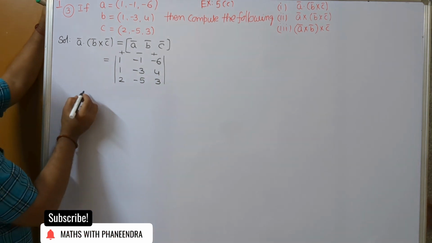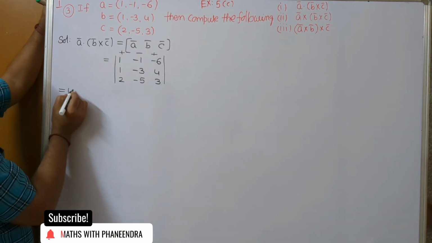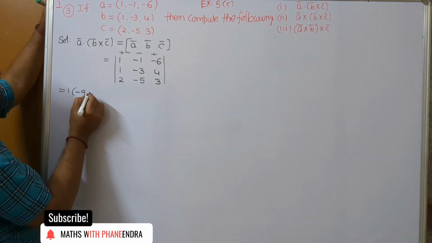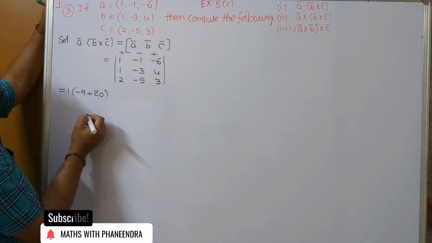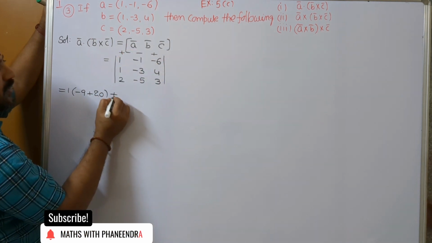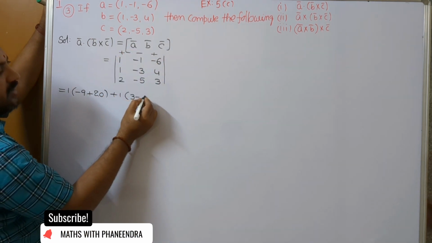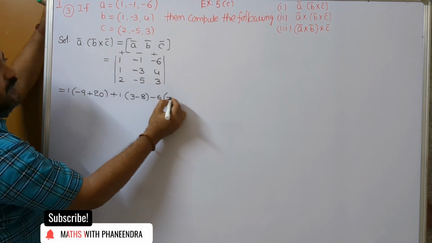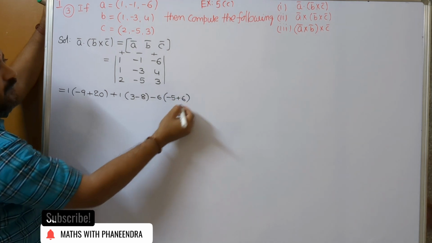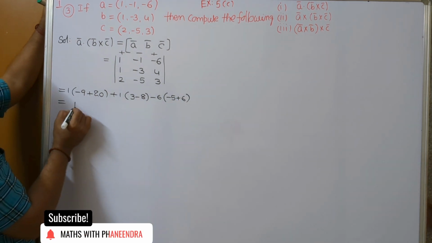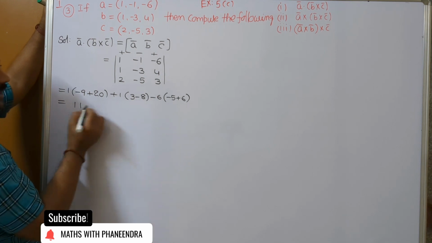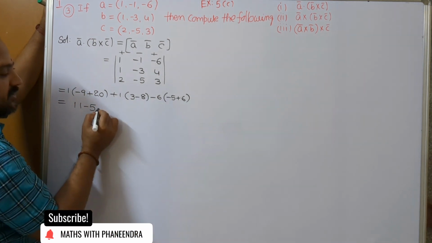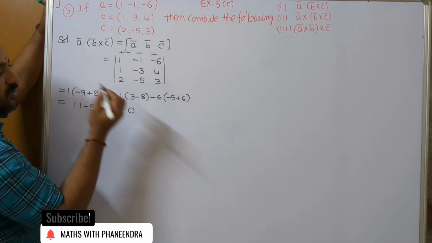So expand: that is equal to 1 into minus 9 plus 20, minus into minus 1 plus 1, 3 minus 8, minus 6 into minus 5 plus 6. So 20 minus 9 is 11, 3 minus 8 is minus 5, 6 minus 5 is 1, 1 into minus 6. So which is equal to 0.